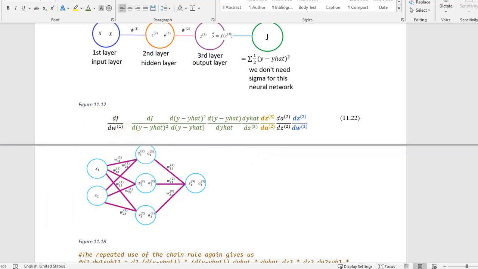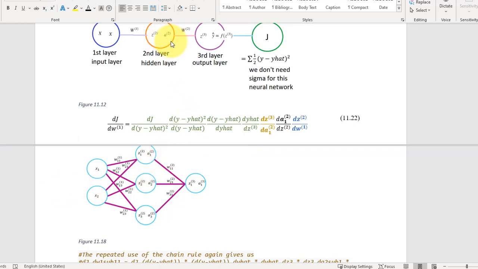Let's just write that in here. I changed that to A2 sub 1 instead of just A2, because that's the node that we're going to pass through. And this also needs to change to A2 sub 1.